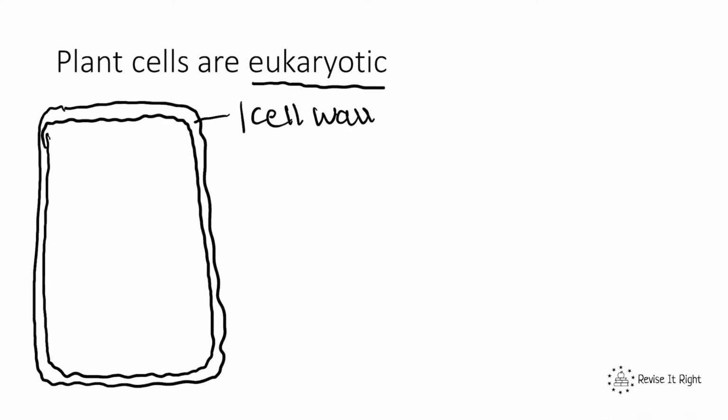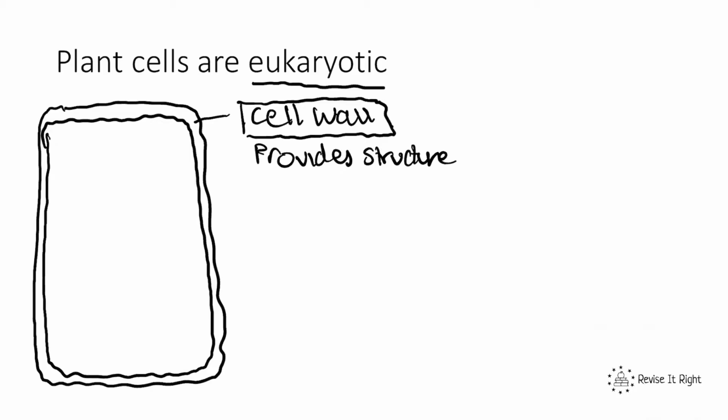Okay, so plant cells also have cell walls, and this provides structure and support to the cell. Plant cells also have cell walls which provide structure and support for the cell.